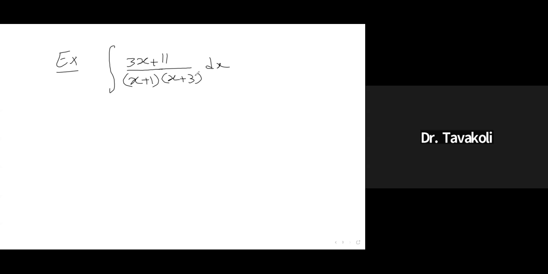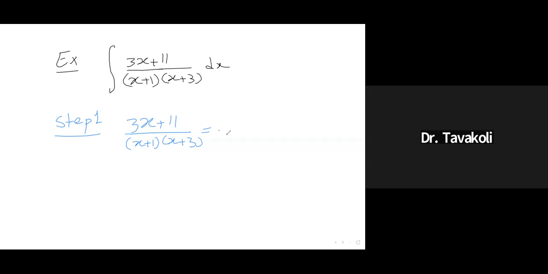So to do this kind of integrals, in this example or similar examples, we have two steps. Step one is the algebra step. Forget about the integral. We try to write this fraction, 3x plus 11 over x plus 1 times x plus 3, as the sum of two fractions.